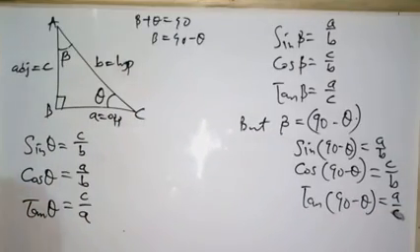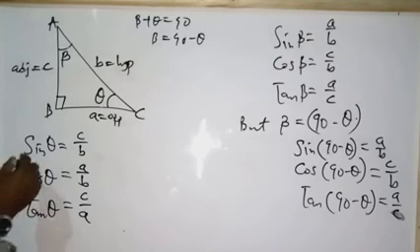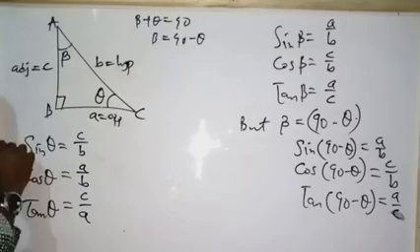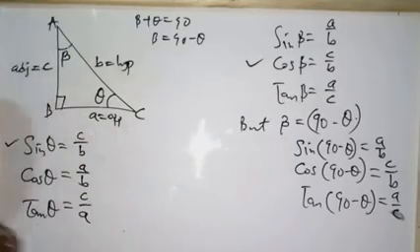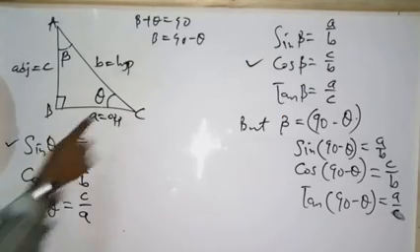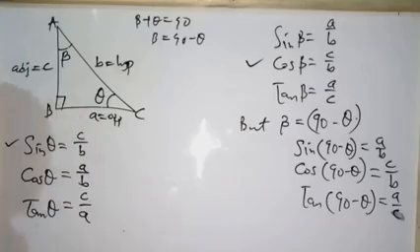Now, let me show us something. Look at this. And look at this. You see that they are the same? Have you seen it? That sine theta here and cos beta here are the same.